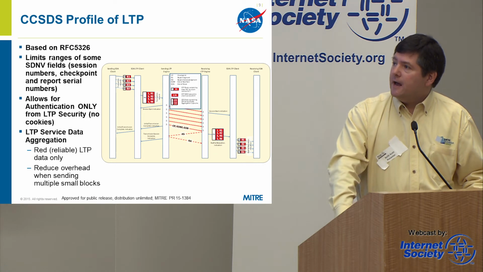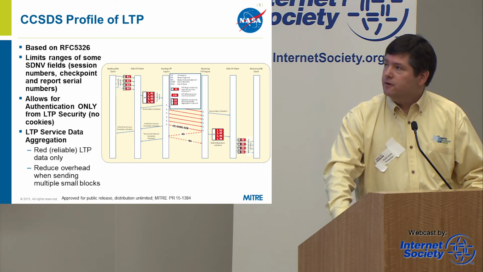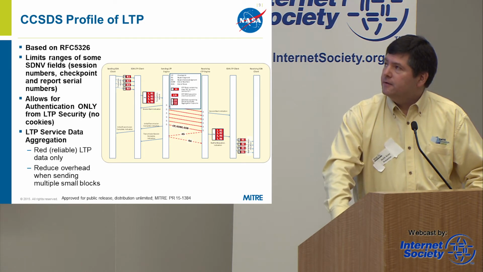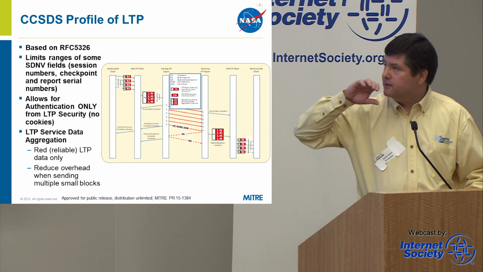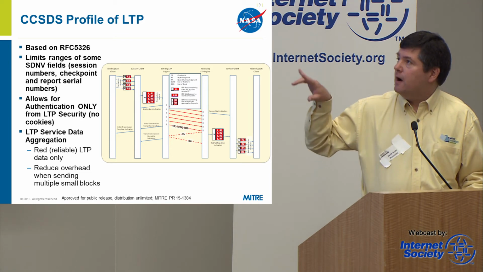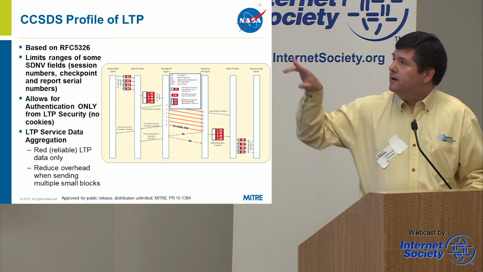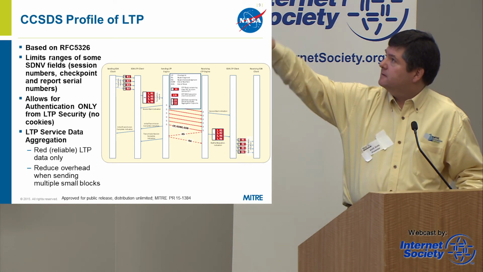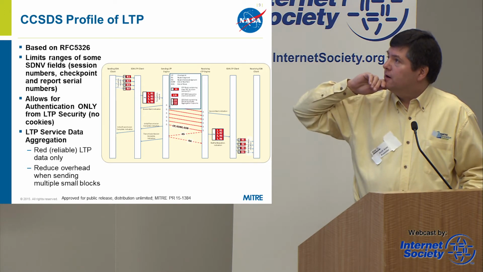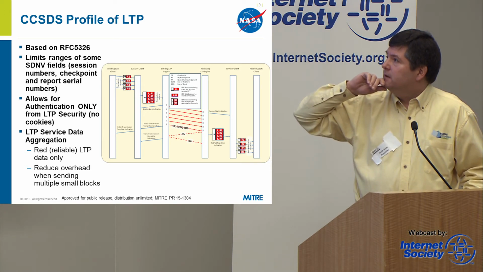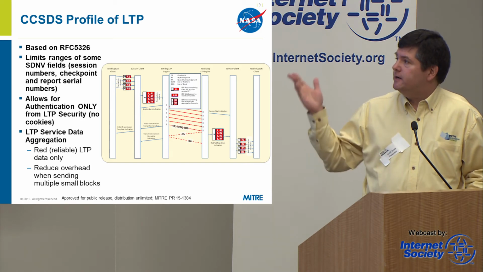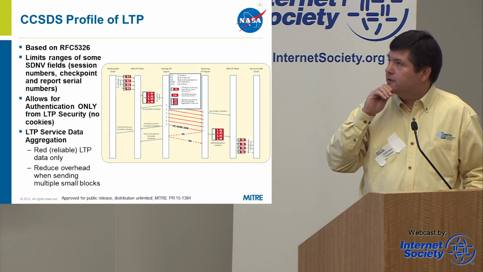The big thing that got added was this notion of LTP service data aggregation. And that's really what the bulk of this slide is showing. If you know how LTP works, the middle pieces of this, exclusive of the outer 2 big white bars, are what you'd expect from a plain LTP reliable data exchange where you're sending data, getting report segments and sending report acknowledgements.